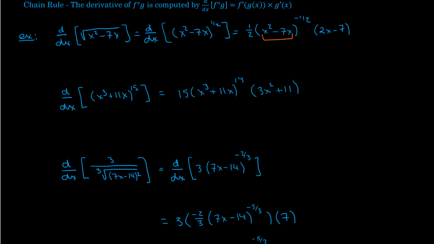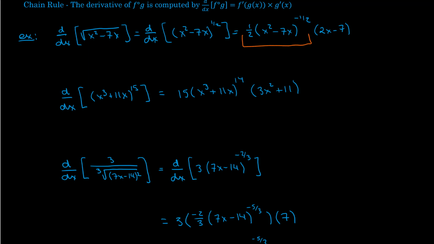Just like when you're unwrapping a gift, when you're removing the wrapping paper, you're not dealing with what's inside. Same thing here. The x squared minus 7x is on the inside. We're not going to deal with that while we're dealing with the wrapping paper. All right, so at this point, we have dealt with the outside part of the function. Then, as with the gift, once you get the wrapping paper off, you open the box and you actually access the gift.